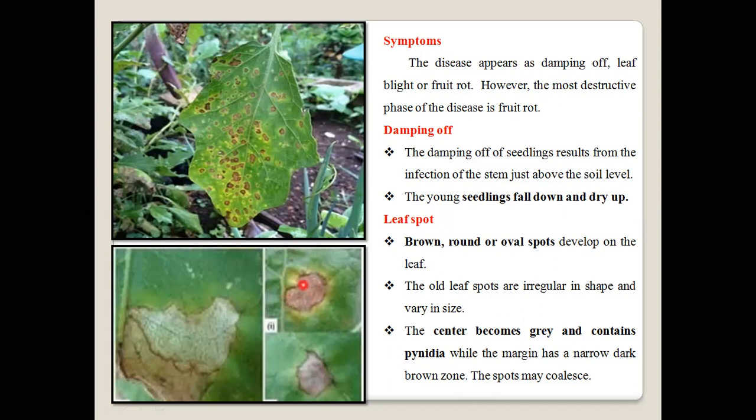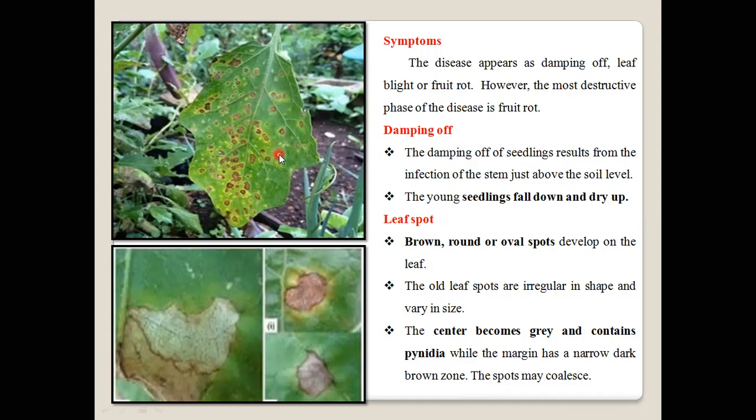Fruiting bodies are developed, and this fruiting body is known as the pycnidium. The pycnidia are produced from these necrotic spots or necrotic lesions.